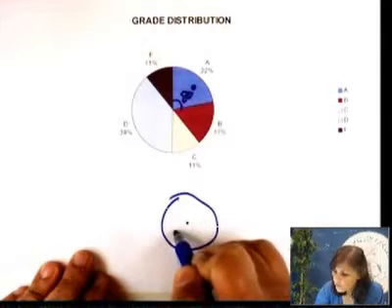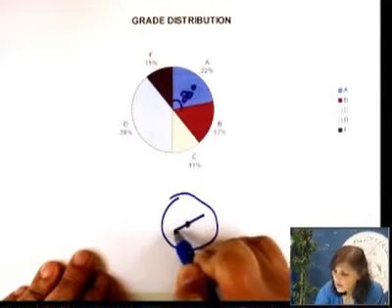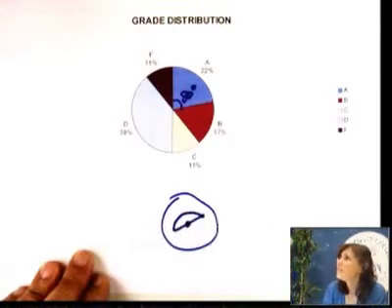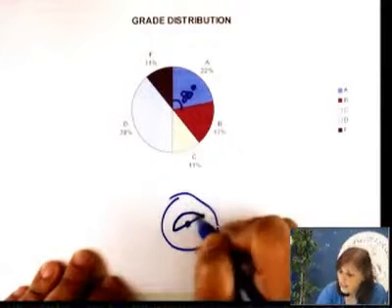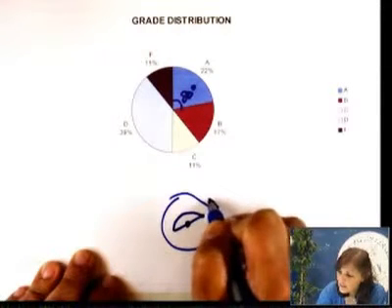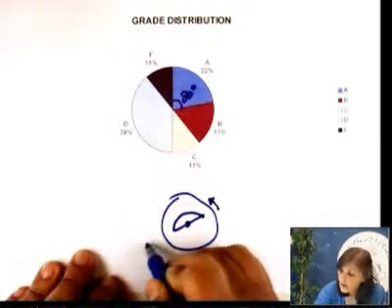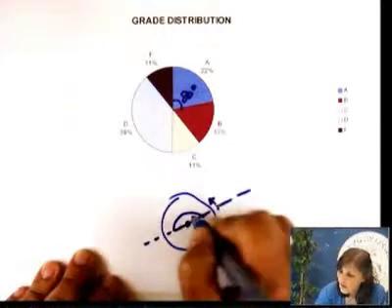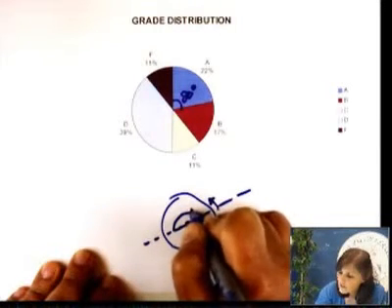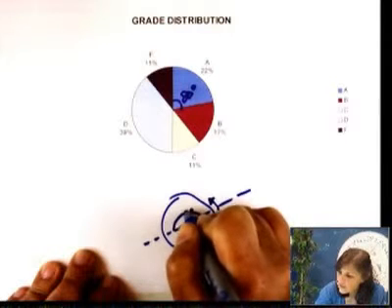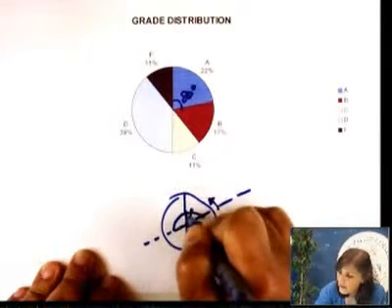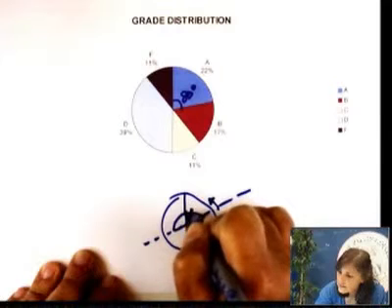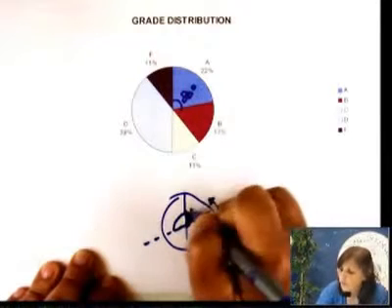You put your protractor right here with its center at the center of the circle, then read the degrees counterclockwise and go to 80 degrees here. Probably it's a little bit less than that, and this is the slice that I'm looking at for the A's.